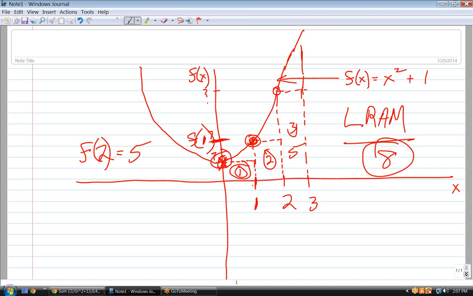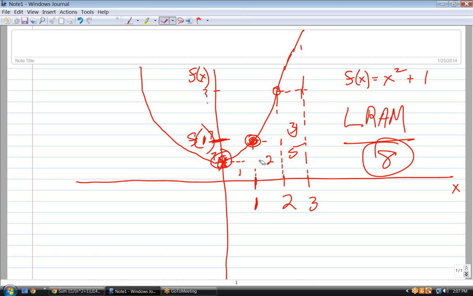We can also see that when we use only 3 rectangles and we use left RAM, there's all this area here that we're not accounting for, which means our approximation is going to be less than the true area. You with me?